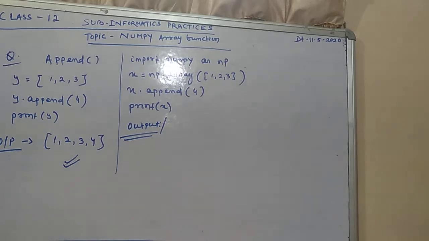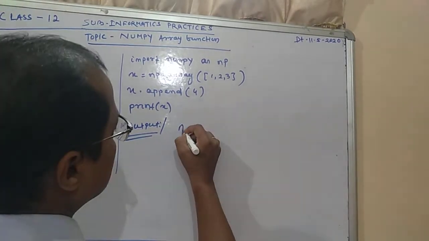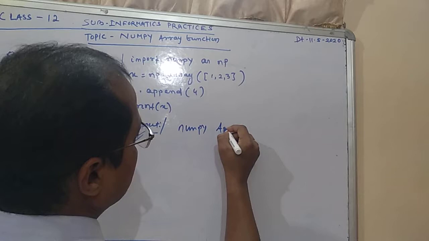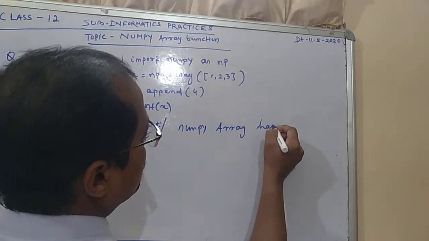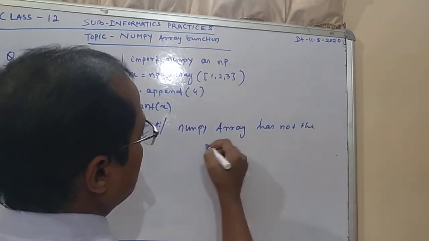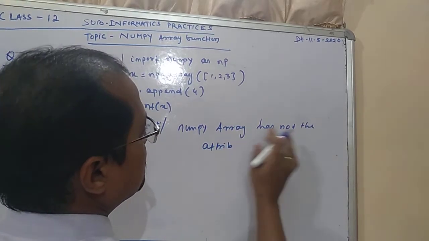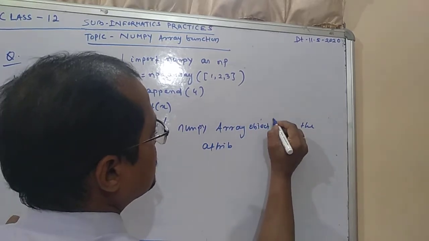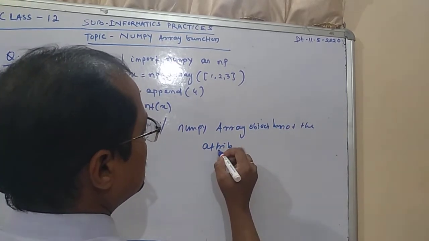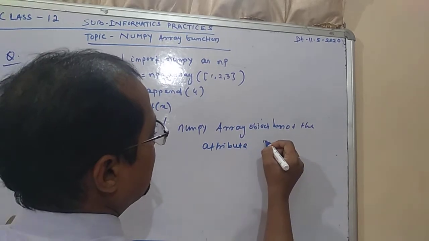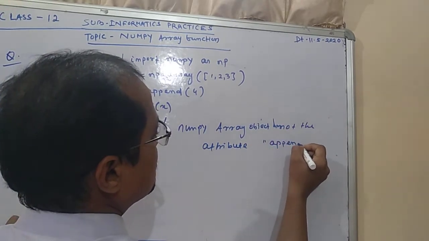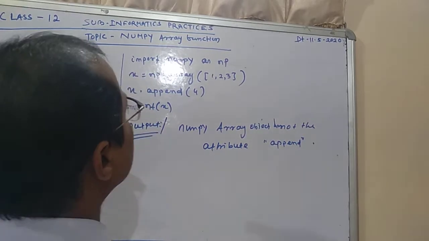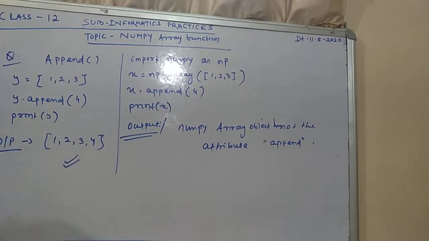It will say that the numpy array object has no attribute append. Understand? Append cannot work on an array, but it can be used on a list.